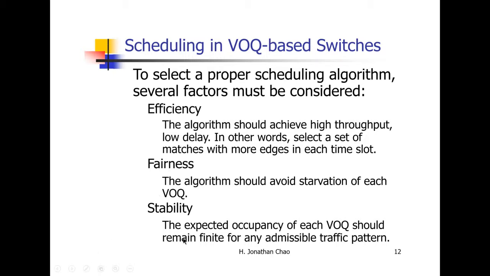And then also stability. So the expected occupancy of each virtual output queue should remain finite. We cannot allow one of the logical queues to increase too much compared to the other ones. Otherwise, we risk having an overflow, which breaks the stability of the algorithm.